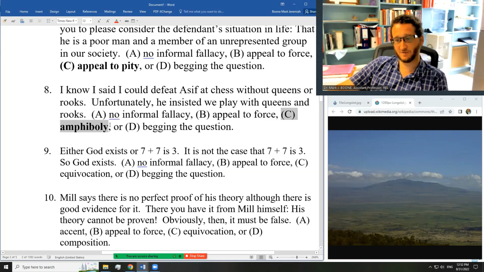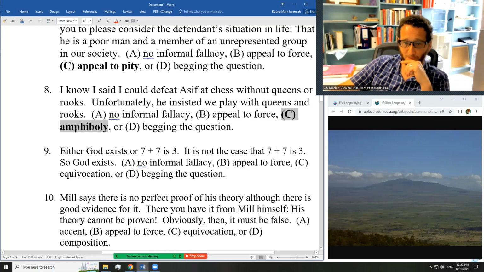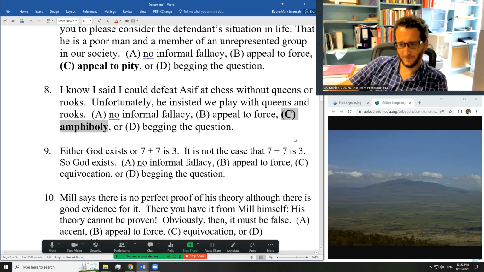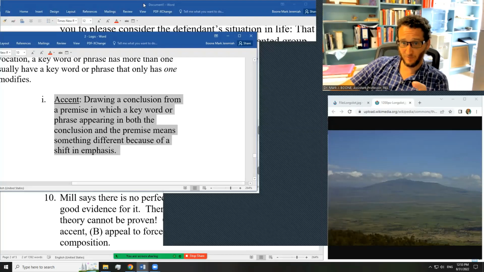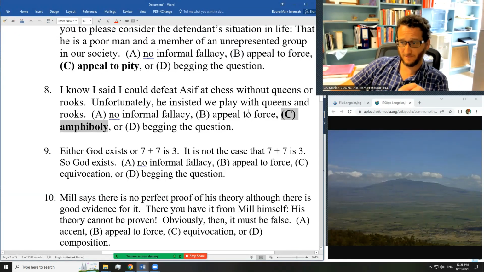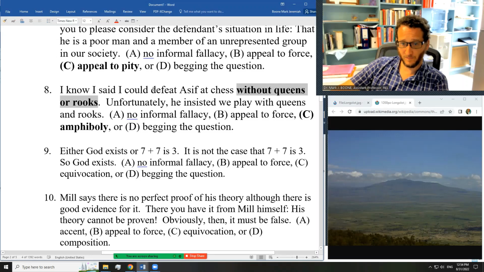Now let me just see if I need to explain that at all. I know I said I could defeat Osip at chess without queens or rooks. Unfortunately, he insisted we play with queens or rooks. It might be better to call this an accent fallacy. Now, that's not one of the multiple choice answers given. Amphibole is the best one, where we can take the phrase without queen or rooks to modify defeat.